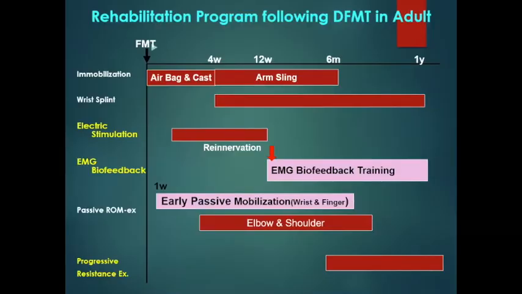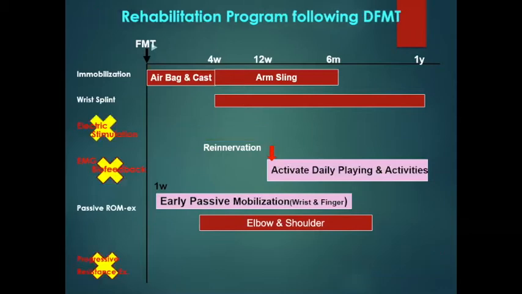This is a flowchart of a protocol following double Free Gracilis transfer in adults, which included electrical stimulation to reduce muscle atrophy, EMG biofeedback to educate the patient how to strengthen the individual transferred muscle, and so on. However, these items were impossible for preschool children.